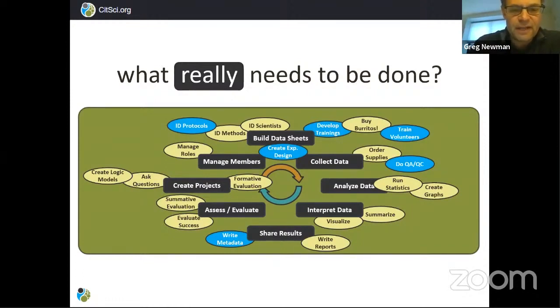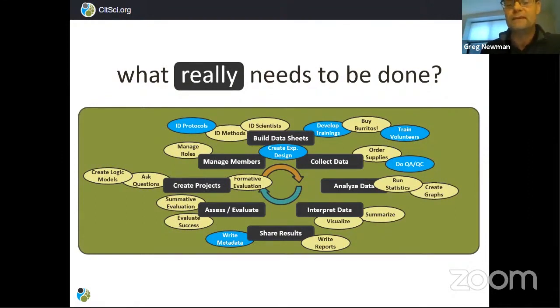But what really needs to be done is far more thought- and resource-intensive, from creating logic models to asking research questions in effective scientific ways, managing member roles, identifying scientific protocols, vetting those protocols, identifying methods, identifying partner scientists and statisticians, developing trainings. I saw in Yaxine's slide, the GLOBE program, participant training.